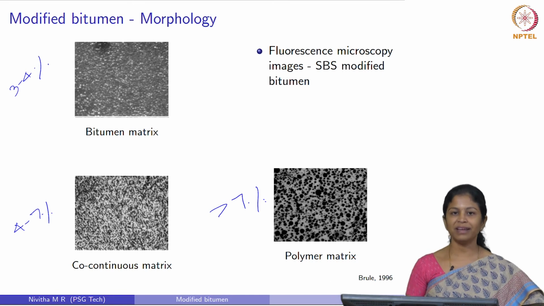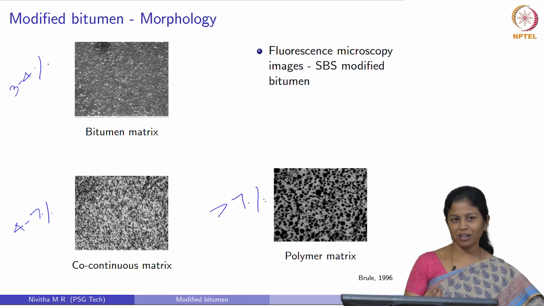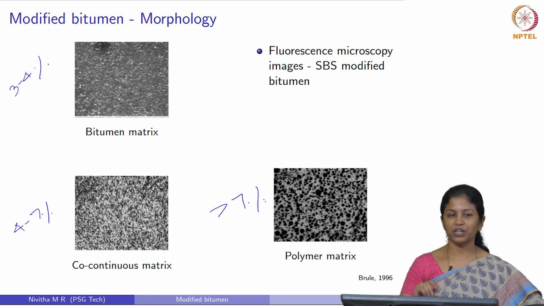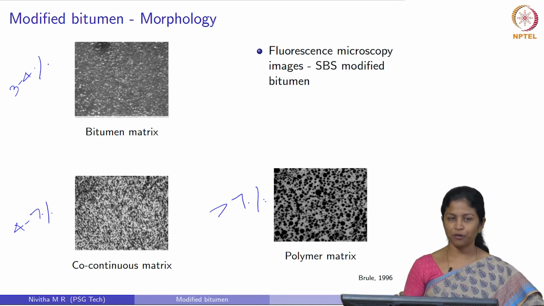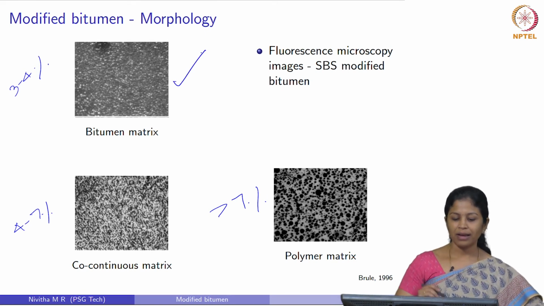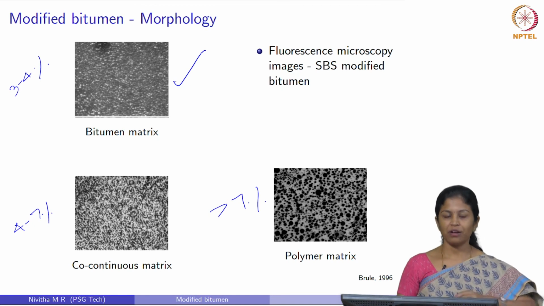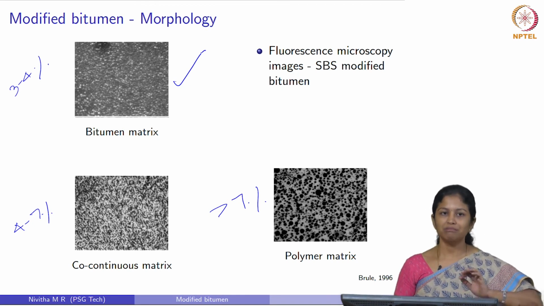You should remember that we are only adding 7% of SBS to bitumen, but it is significant enough to cause a phase inversion here. So, these are different cases of morphology which can exist for a modified bitumen, and what we prefer here is something like this: the modifier uniformly distributed in a bitumen matrix.